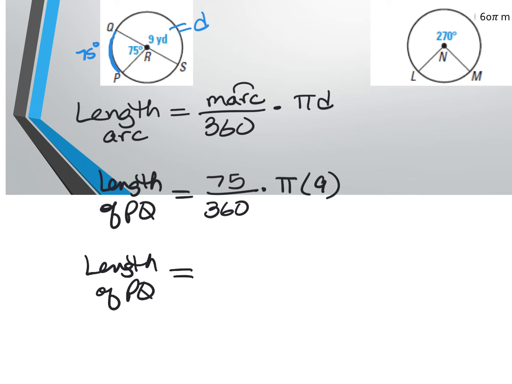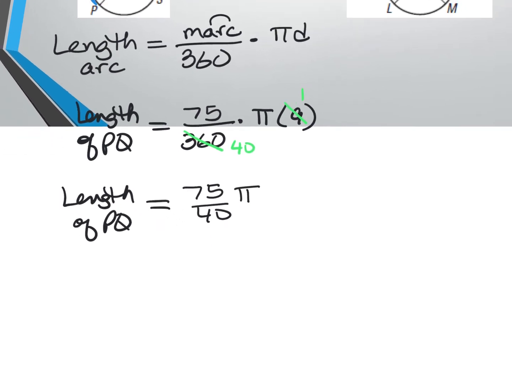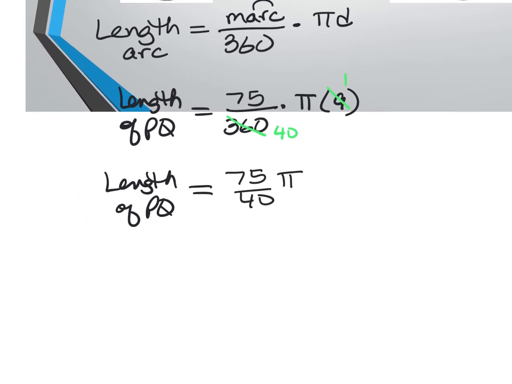I can simplify the 9 and the 360, make that a 1, make this a 40. Then I can also reduce 75 over 40, because right now I'm at 75 over 40 pi. I can divide them both by 5.